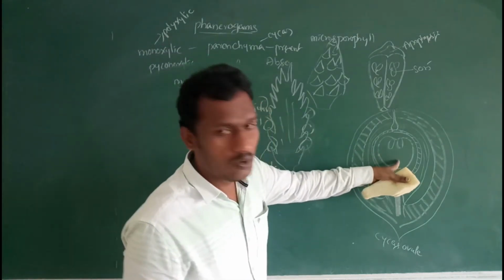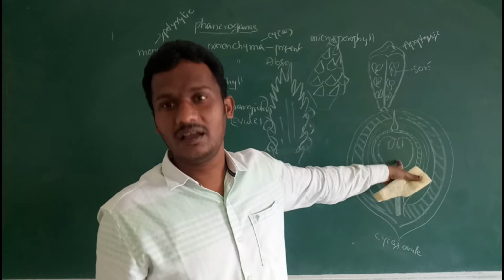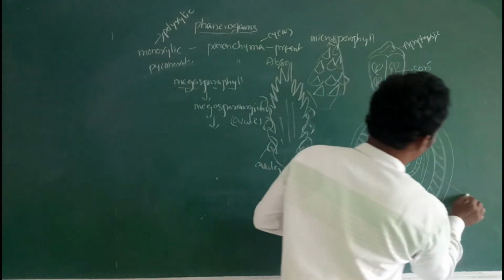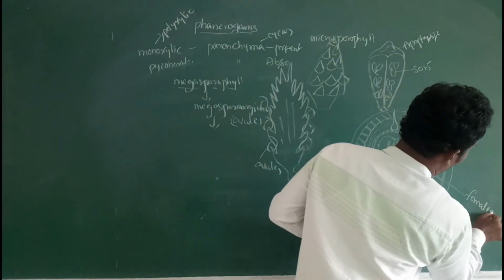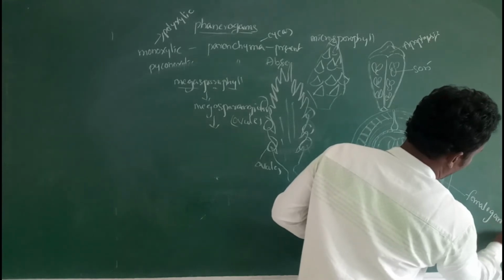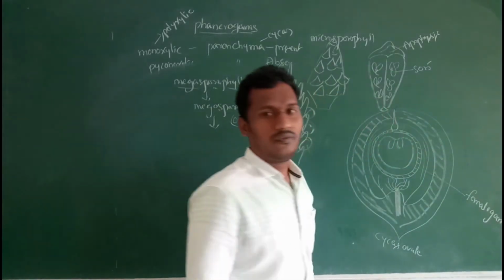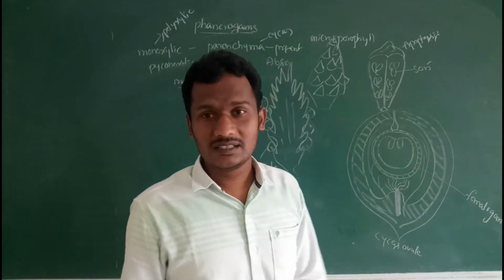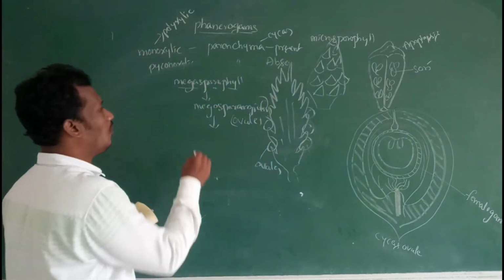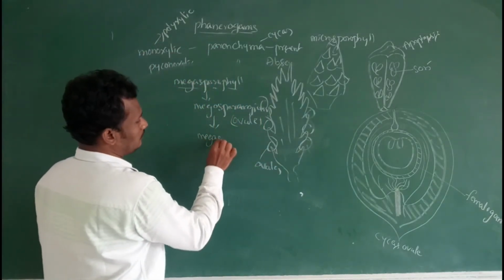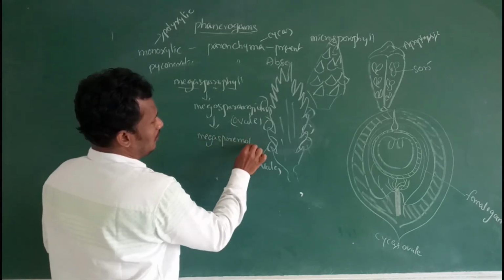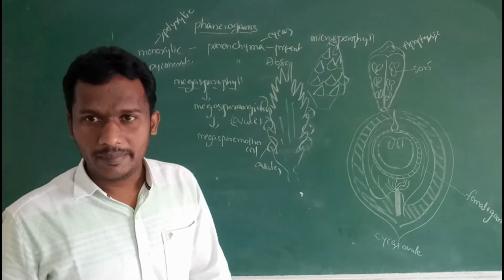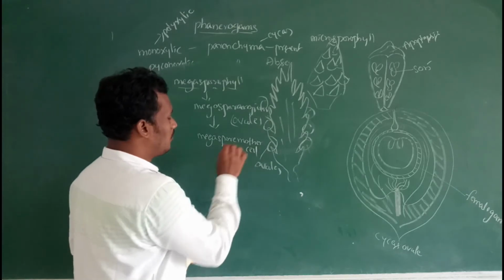So inside the ovule, the nucellus is present. One of the cells of the nucellus develops into the megaspore mother cell, which is a diploid condition.